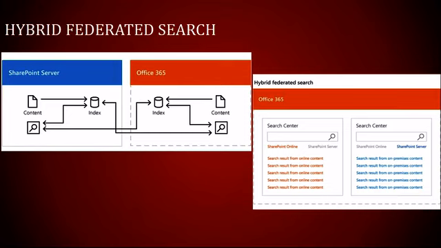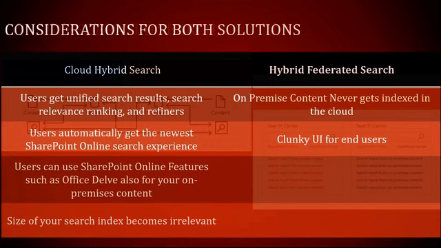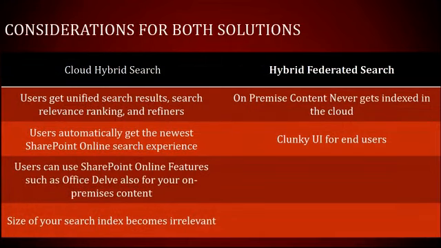The key thing to remember, the key takeaway from this, is that users get unified search results. Search relevance, ranking, and refiners are in a single place when you're using the cloud hybrid search. They get automatically the newest SharePoint Online search experience. You don't have to maintain your search servers. You don't have to worry about any of that stuff.